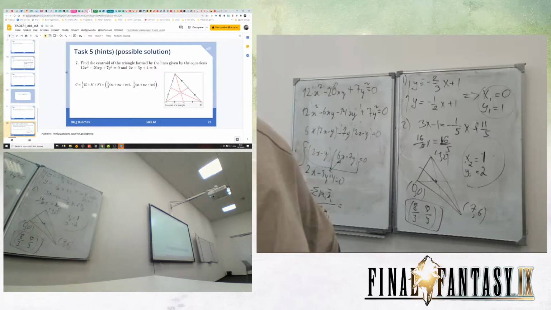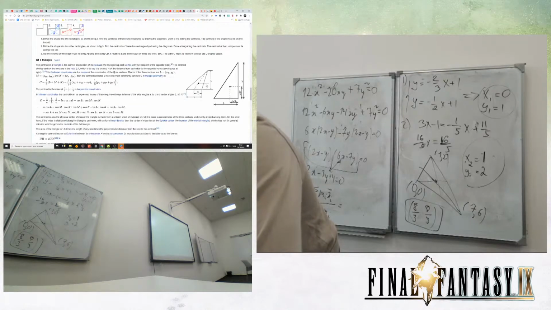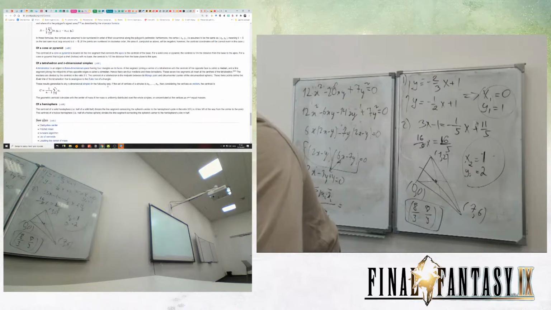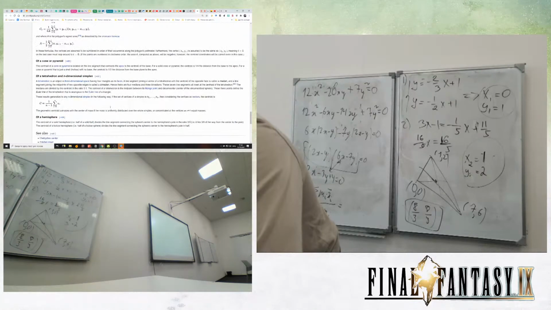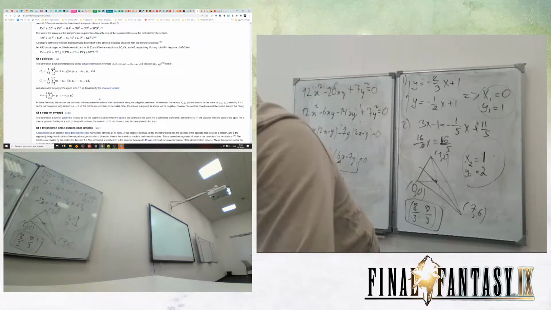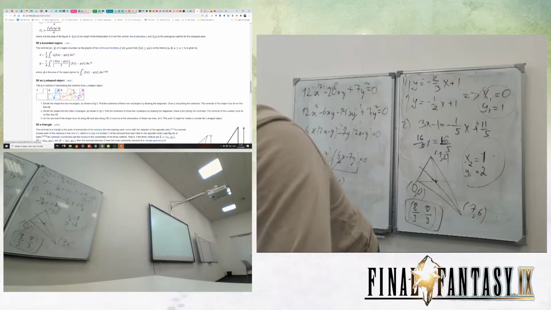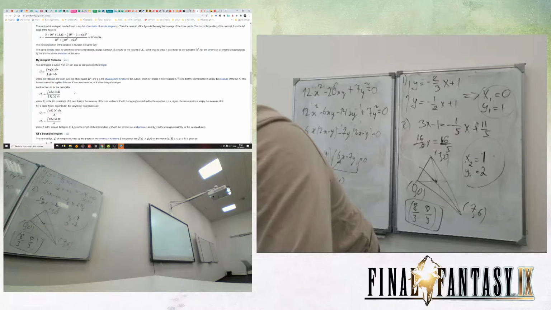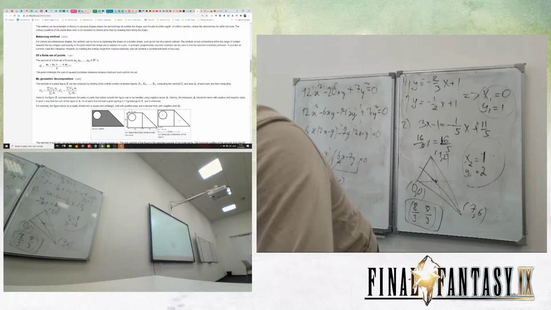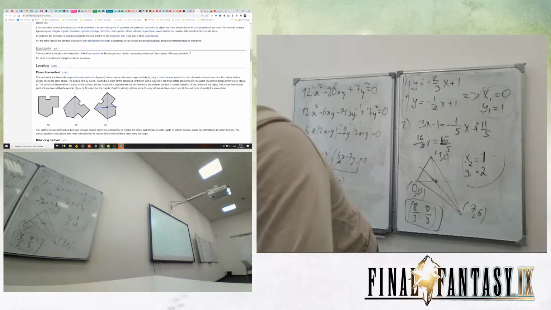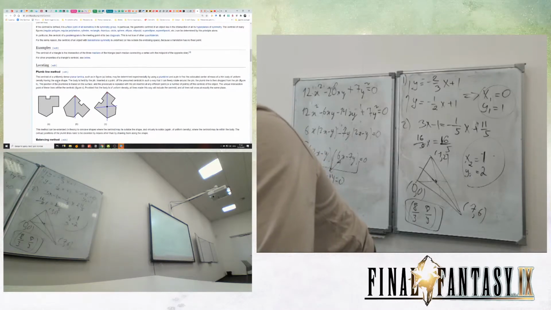While you're trying to solve, I'll try to open Wikipedia on Centroid. So in Wikipedia there are plenty of algorithms for how to find it.